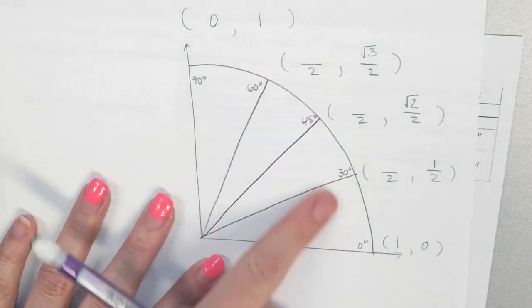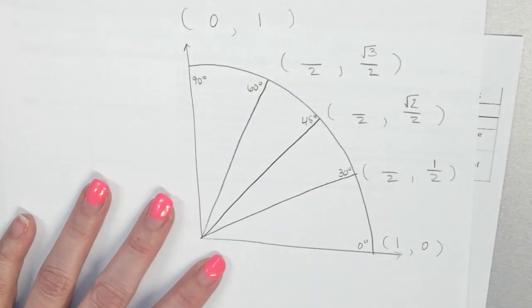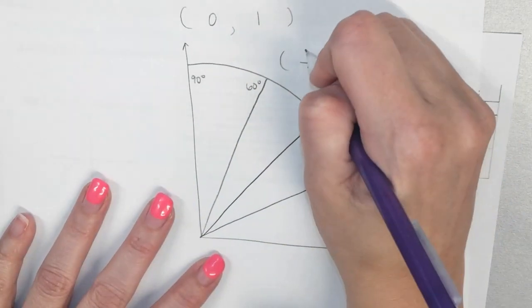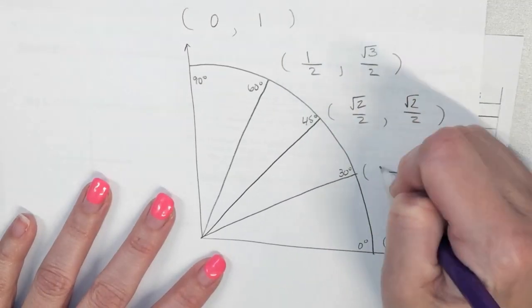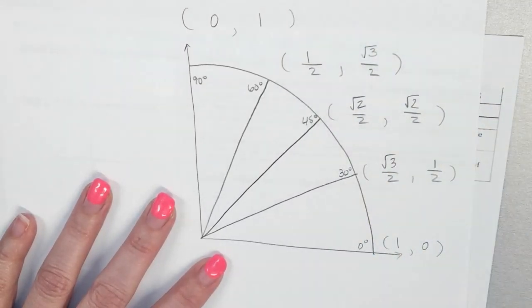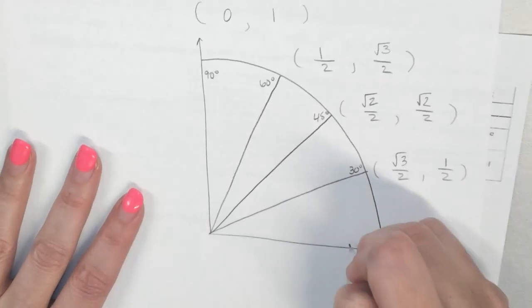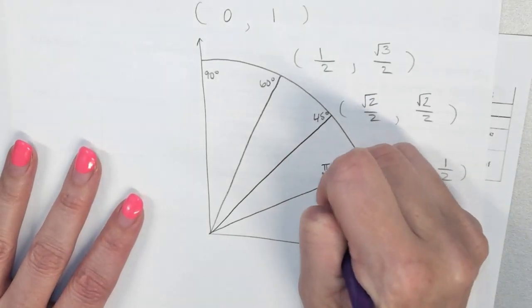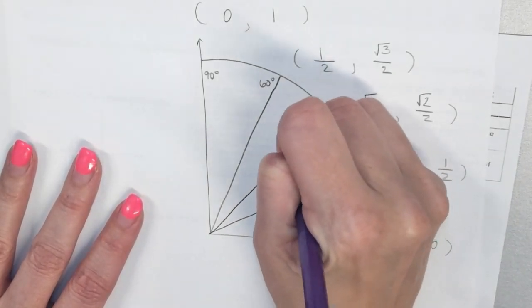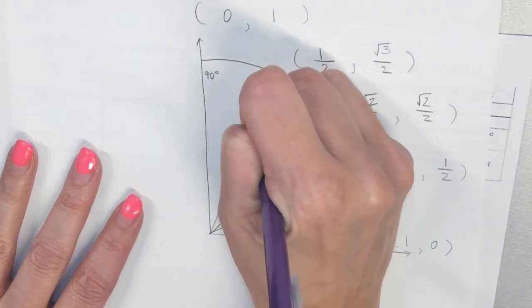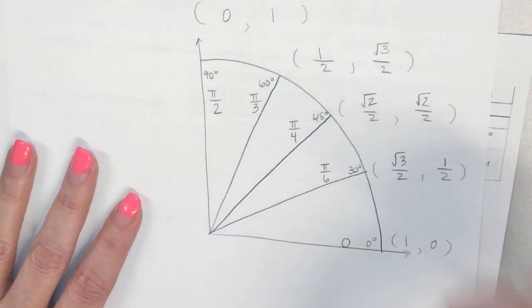Okay, and then what about this side? Yeah, same thing, but now 1, root 2, root 3. Okay, and then we're going to put in the radians. So it's 0, pi over 6, pi over 4, pi over 3, pi over 2.